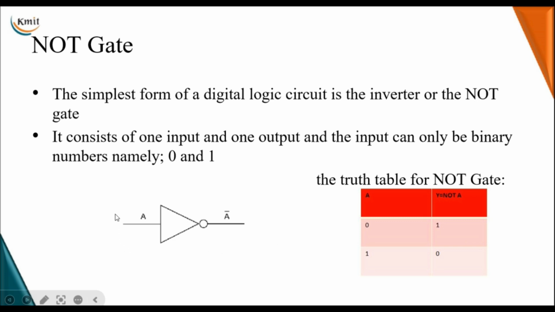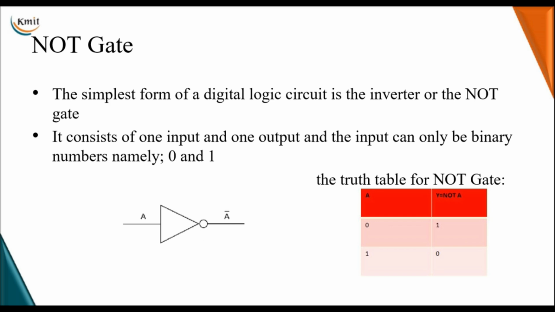Now we are going to define each logical gate with its logical symbol along with its truth table. A truth table has the possible input binary values and the corresponding outputs for each combination. The rows of the truth table depend on the number of inputs that a gate can have.